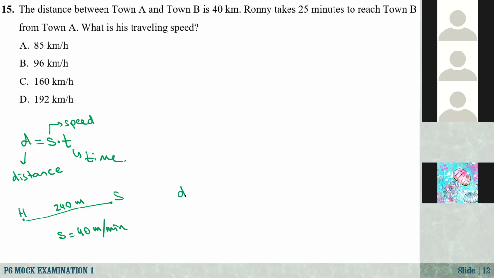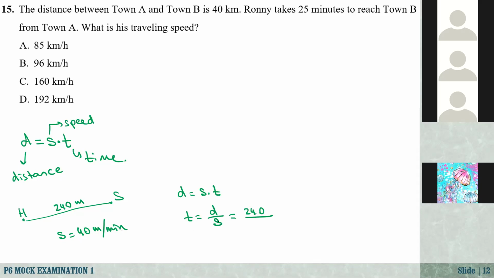So as I see here, distance is equal to speed times time. From here, what is time? Time equals distance over speed. To find the time, you should divide distance by speed, right? And what is the distance between your house and the school? That is 240 meters. And how about your walking speed?